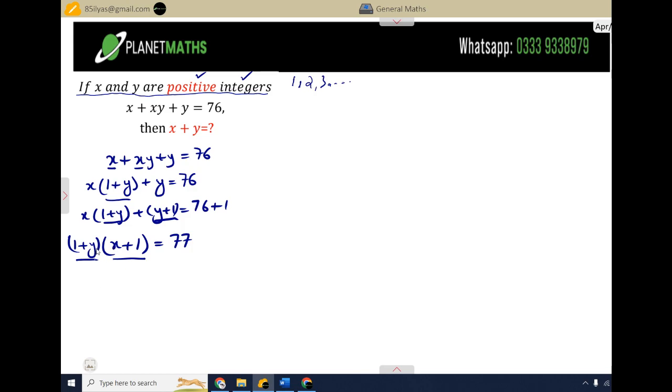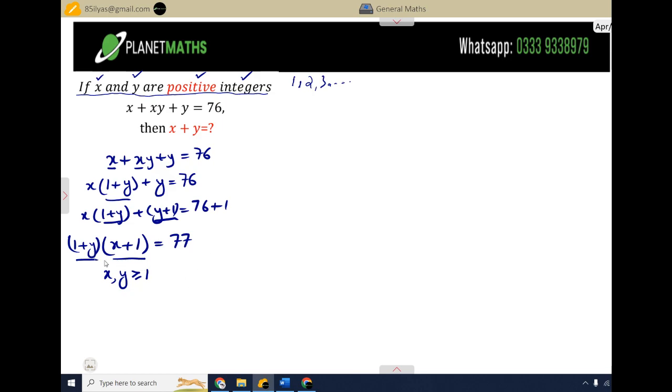We cannot put 0, -1, -2, -3, because the condition given in the question is that x and y must be positive integers, right? So remember this thing.